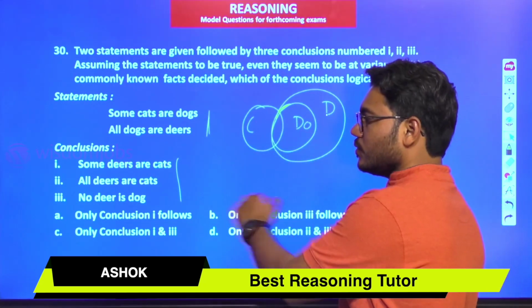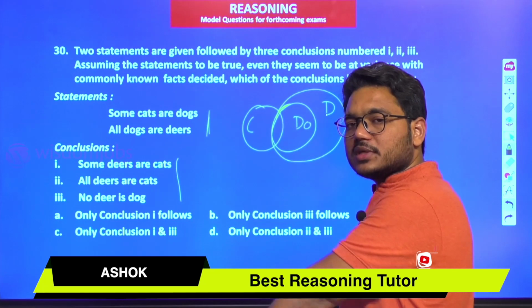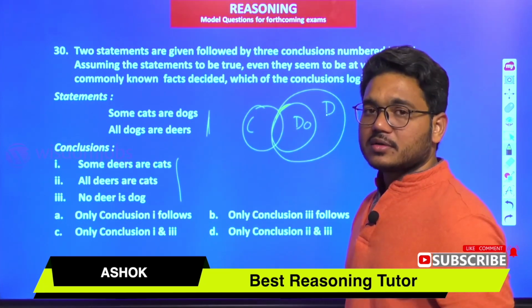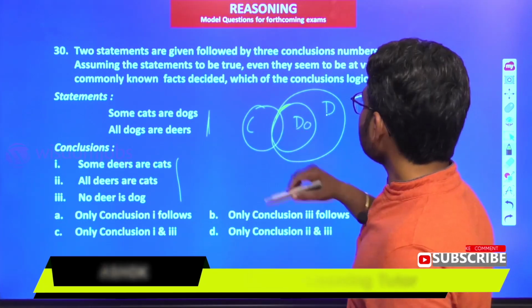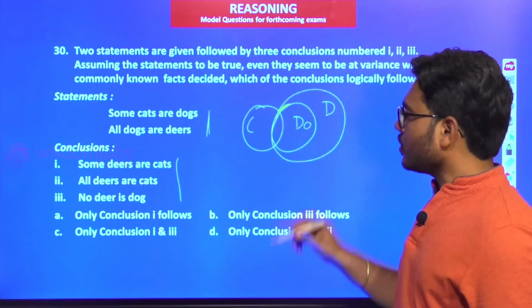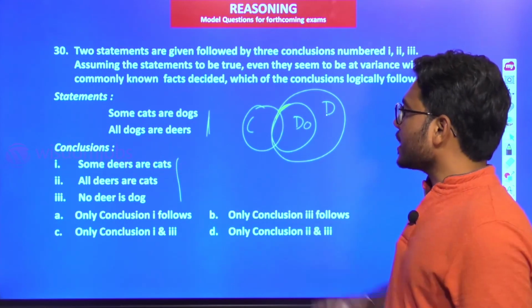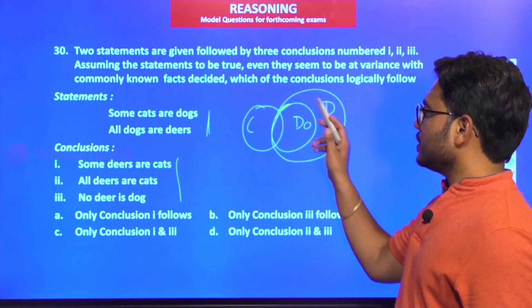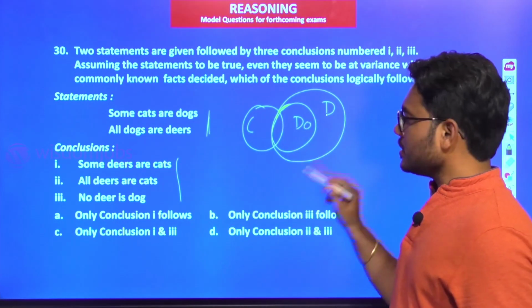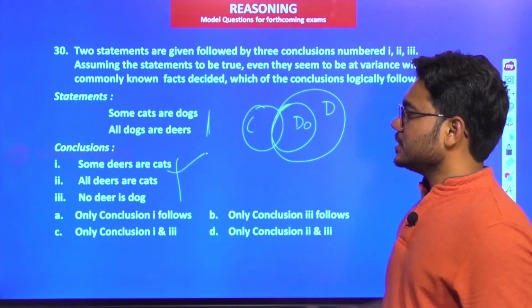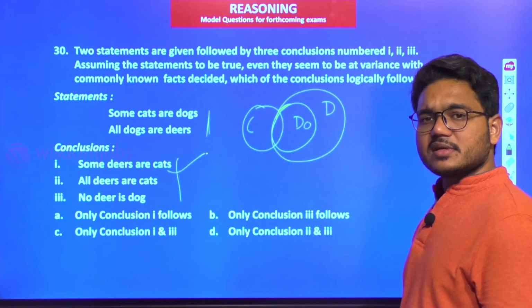So from this, what could be the conclusions that might follow, or which could definitely follow? Let us see. Some deers are cats. Is it possible from this picture? We can easily say that some deers are cats.